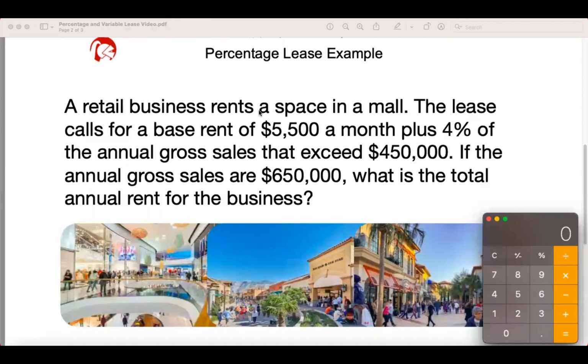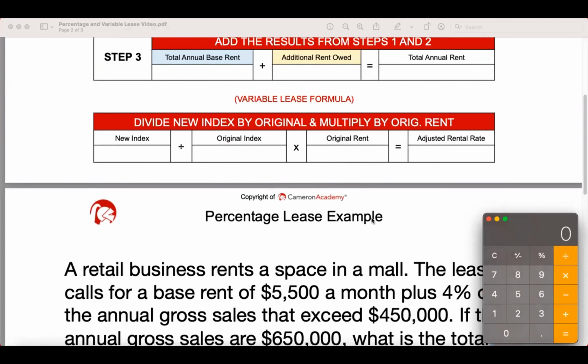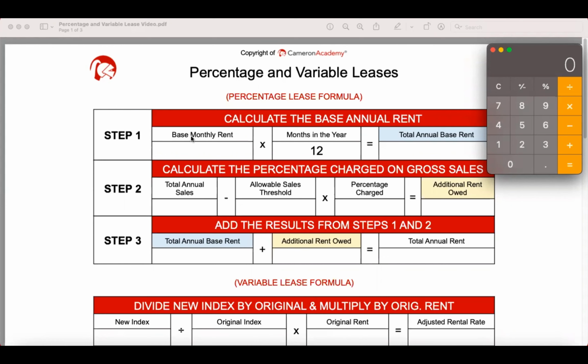A retail business rents a space in a mall. The lease calls for a base rent of $5,500 a month plus 4% of annual gross sales that exceed $450,000. If your annual gross sales were $650,000, what is your total annual rent for the business? It's very simple. First of all, let's identify our base monthly rent, which we know is $5,500.